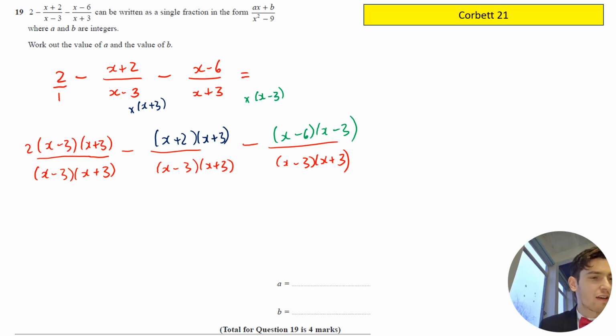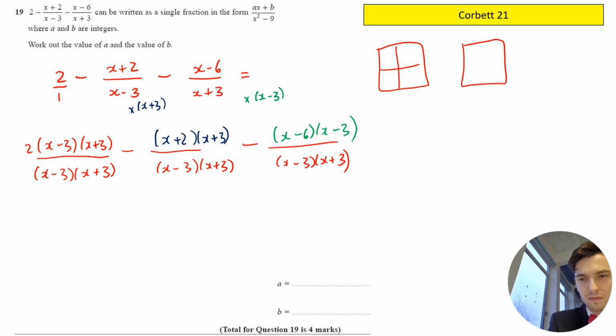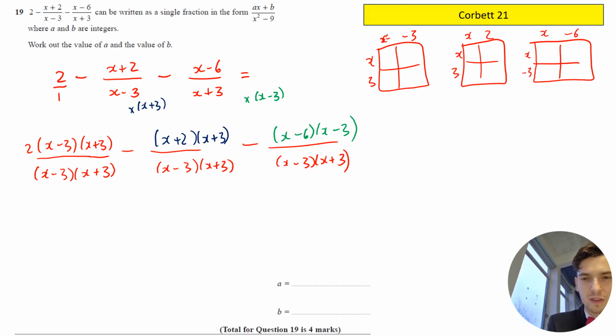Okay, and now I need to expand everything that I have got on my numerators. So basically what I need to do is I need to do 3 boxes. So let me do that very quickly. So the first one, x minus 3 and x plus 3, x plus 2, x plus 3, x minus 6 and x minus 3. So do this very quickly.